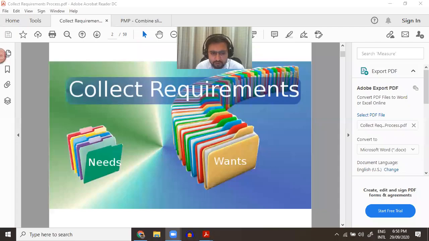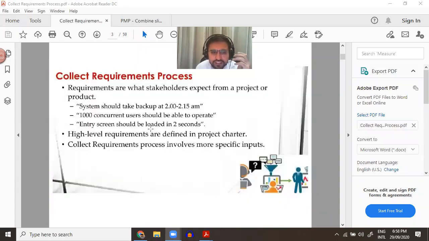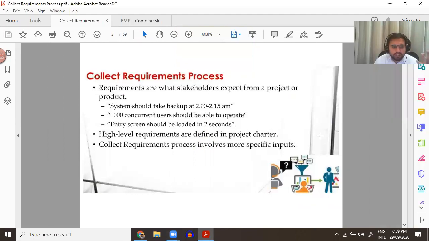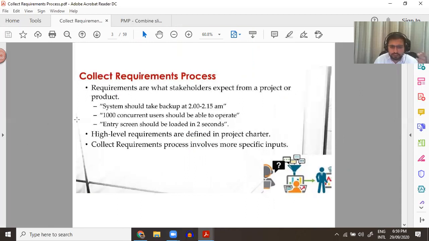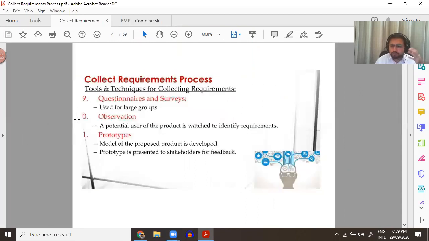Collect requirements. You are collecting all the needs and wants of the projects. You are taking what the stakeholder wants from this project and how that can affect the final projects. You are using observation. You are using prototypes, questionnaires and surveys. If the audience is large and you want to collect the requirement, maybe you can give them a questionnaire, an open-ended question or a closed-ended question with a yes and no, and the audience can give their input and you can get the answer.